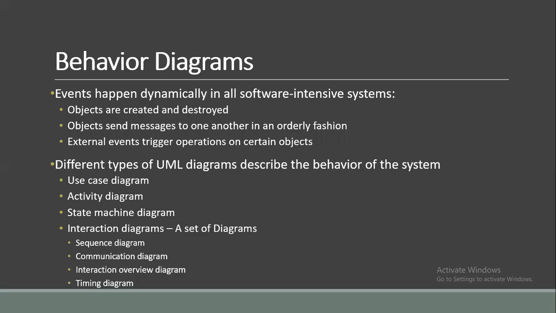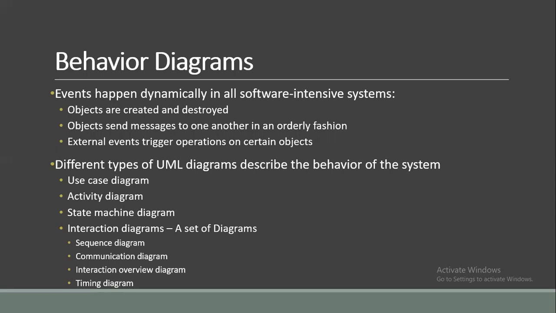So when it comes to behavior diagrams, we know behavior is nothing but the interactions between or inside the elements, right? When it comes to a software system, there are so many objects created and destroyed, and these objects are sending so many messages, and there are also triggers and external factors affecting these objects.